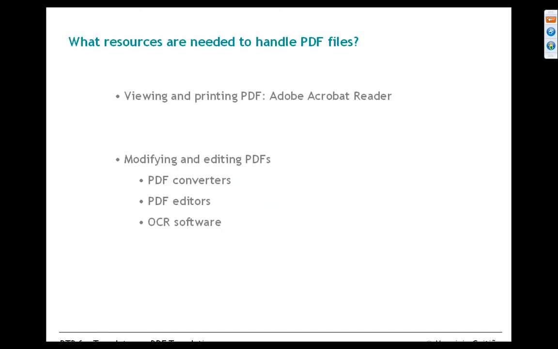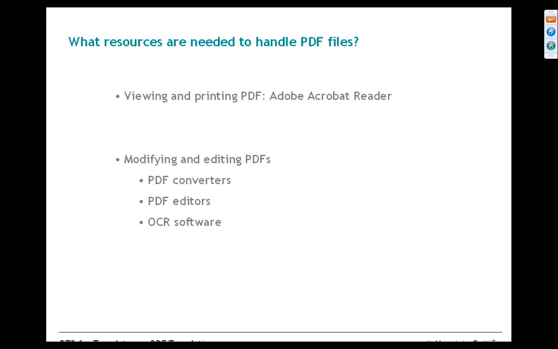Then we need to know what resources we need to handle PDF files, mainly what software we need and what that software does. We will use different tools for different kinds of PDFs and different kinds of assignments.